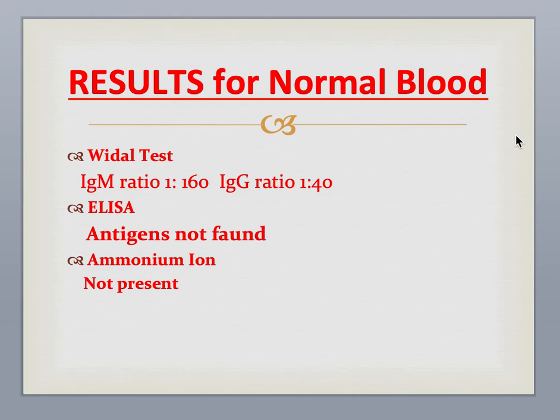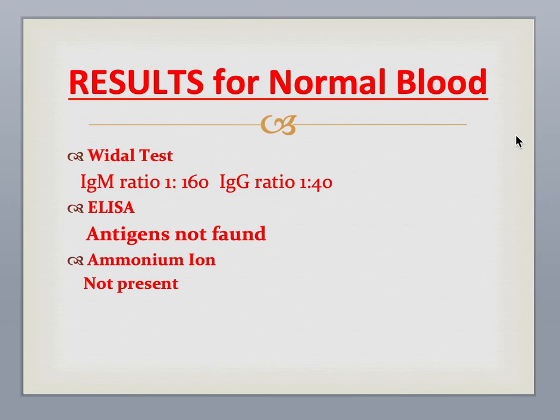So for the results of normal blood, if we have taken a sample of blood from a patient, what are the different kinds of results that would tell us that no harmful pathogens are present in the blood?